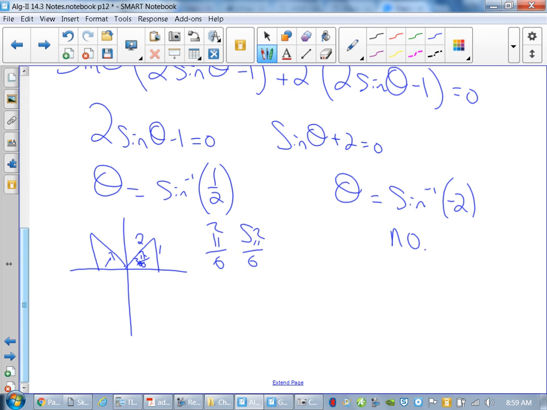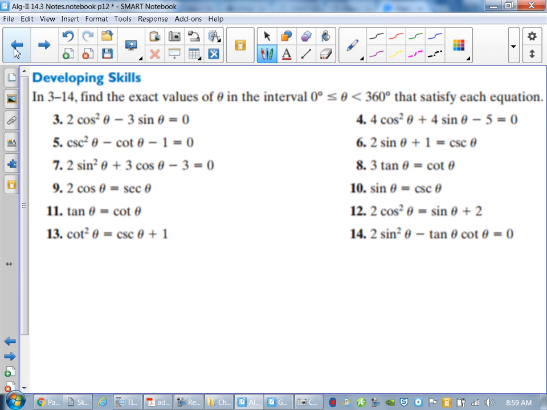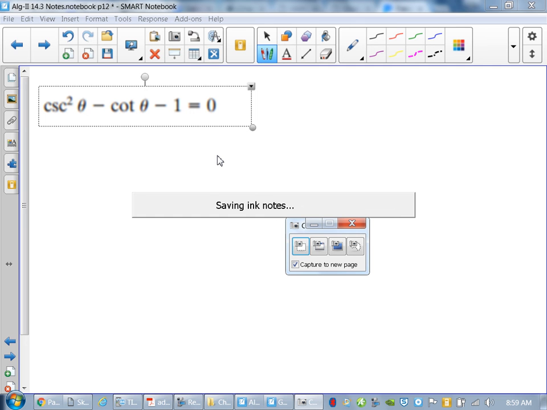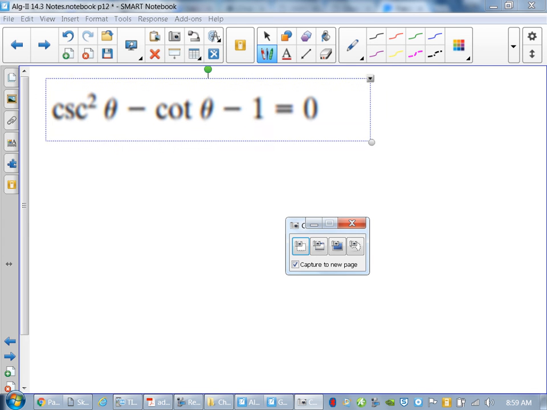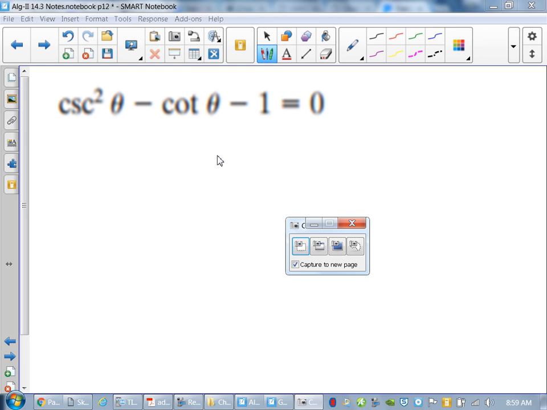Let's try another one. If you look at this one, this is number 5, I believe. It's the next one on there, or right below it. You have cosecant squared minus cotangent minus 1 is 0.